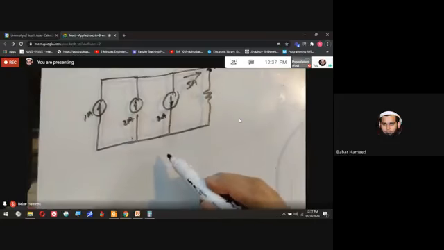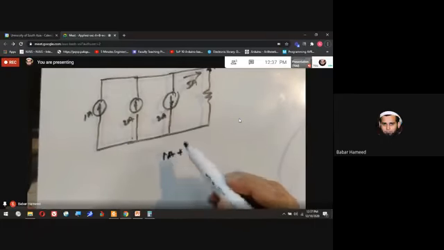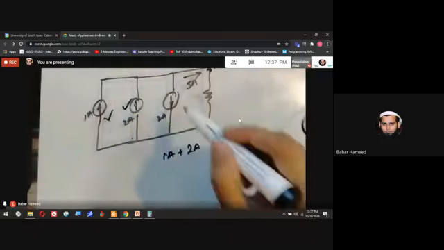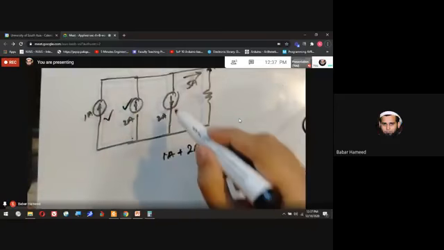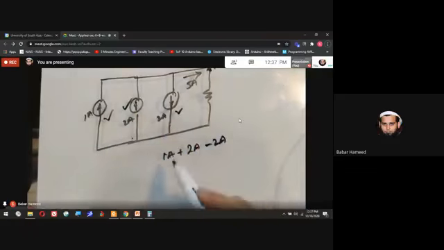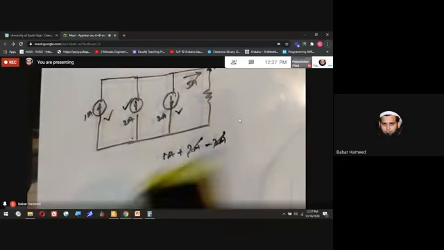Total current will now be 1 ampere, 2 ampere, and minus 2 ampere. So total current will now be 1 ampere. Hopefully you understand that.